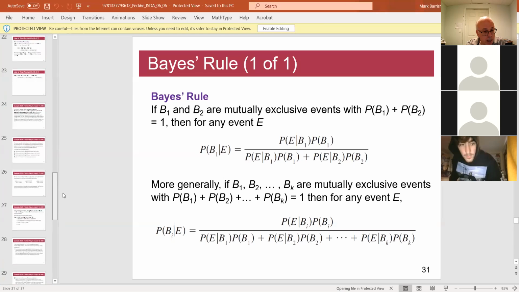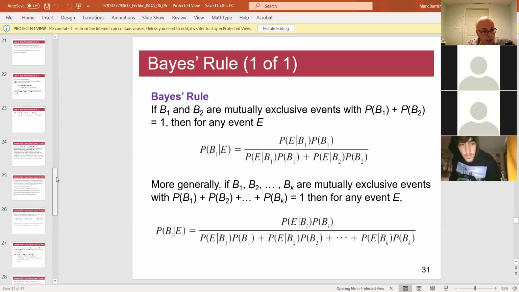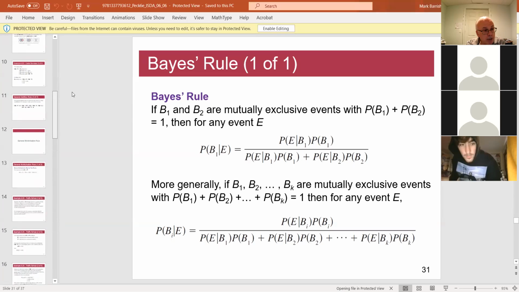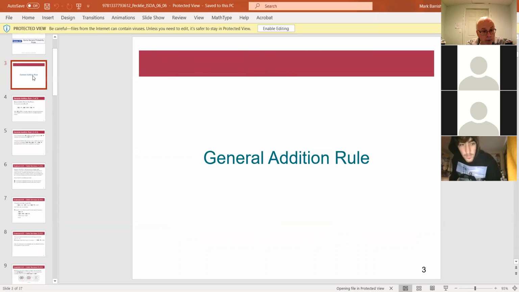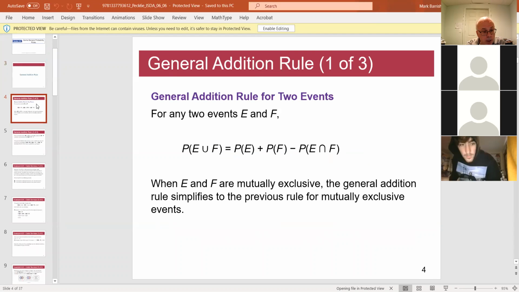So just know that in section 6, the only thing that I will be testing you on in this section here are 2 rules: general addition rule, that rule, and then the general multiplication rule, which again, there's a mistake in the slides here. I will change that, and I will correct it and post the correct multiplication rule. But that is the multiplication rule that was brought out in section 6.5.